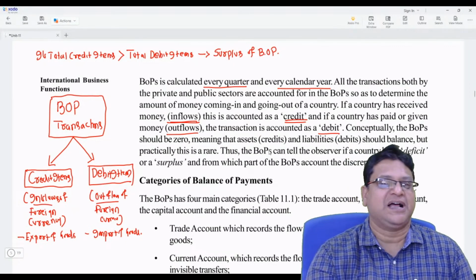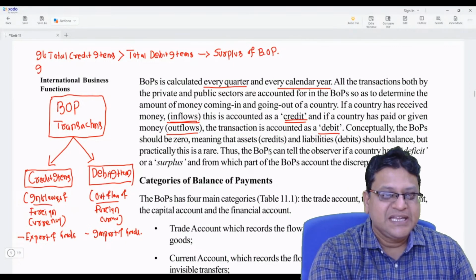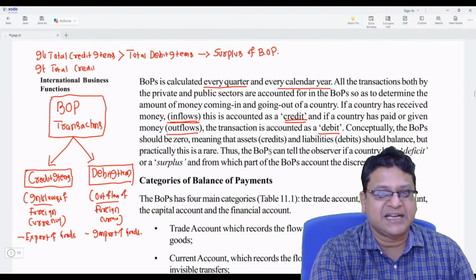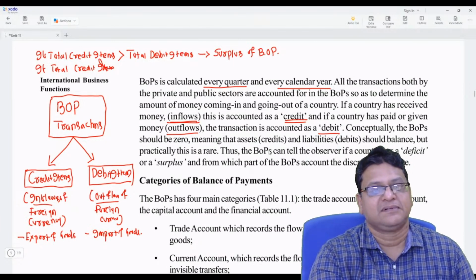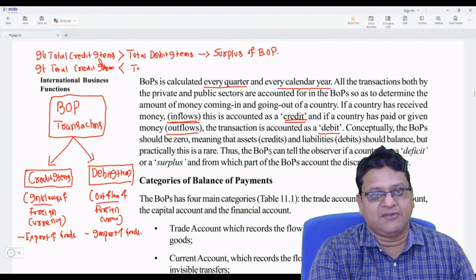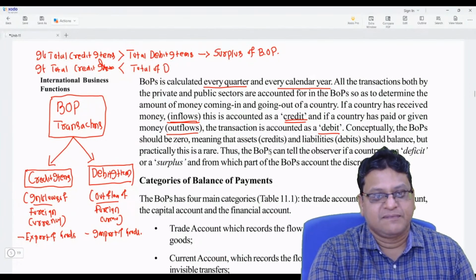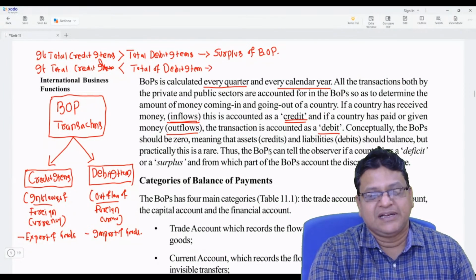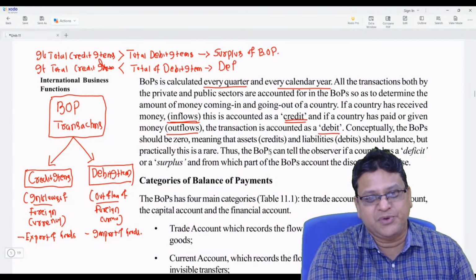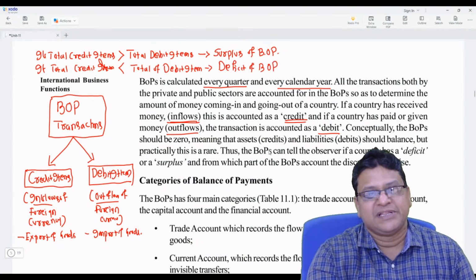Vice versa, in the opposite case, if the total of credit items is less than the total of debit items, it results in a deficit of BOP. So in BOP, there can be surplus or there can be deficit.